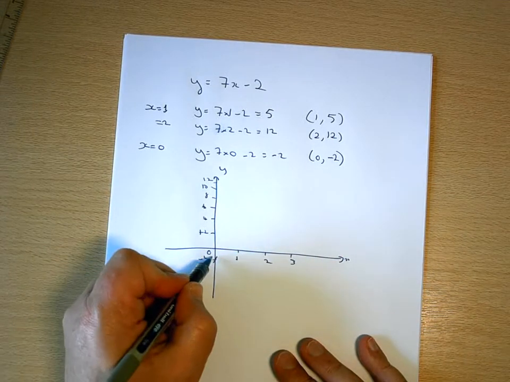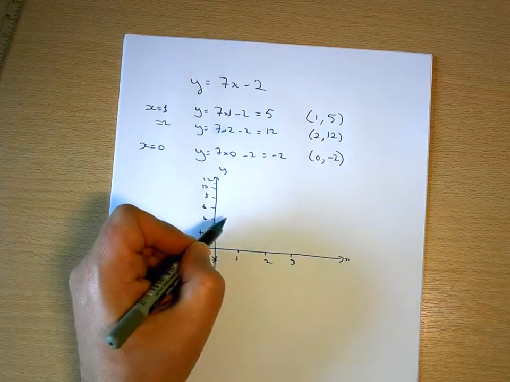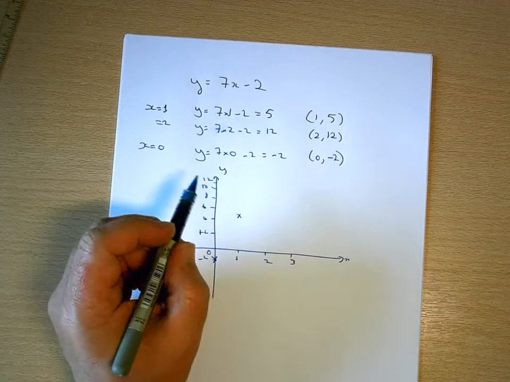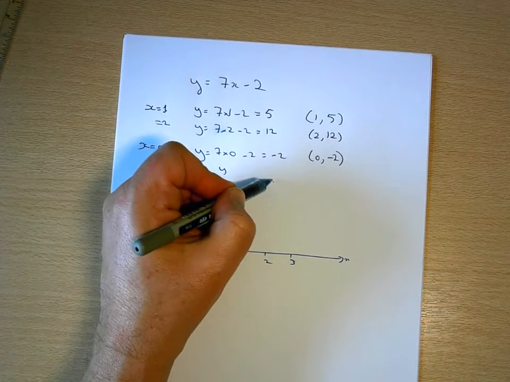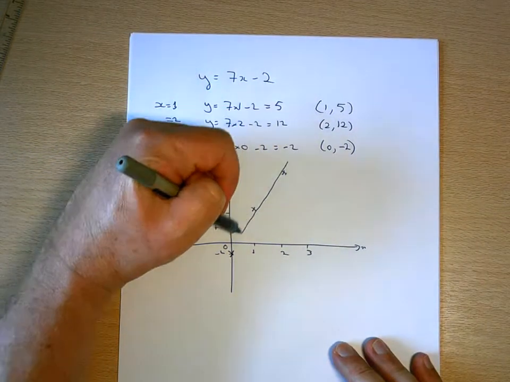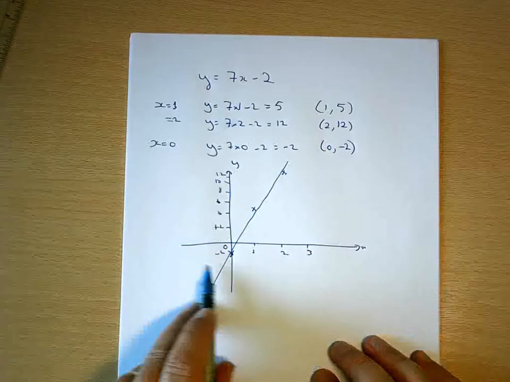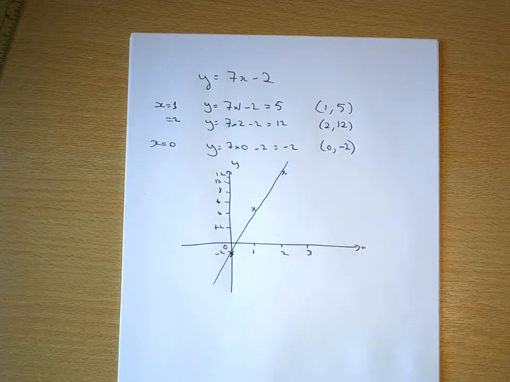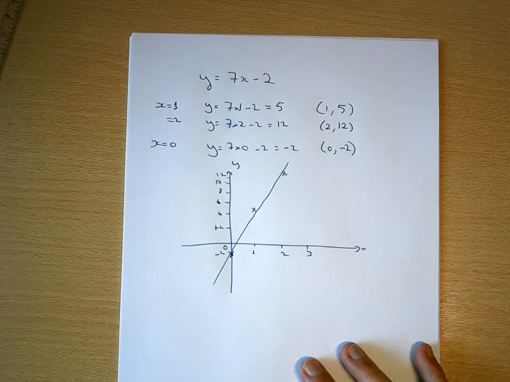So we're going to have the coordinate 0, negative 2, 1, 5, and 2, 12. So you can see it's a really bad diagram, but that would then produce a straight line where it's crossing at negative 2.